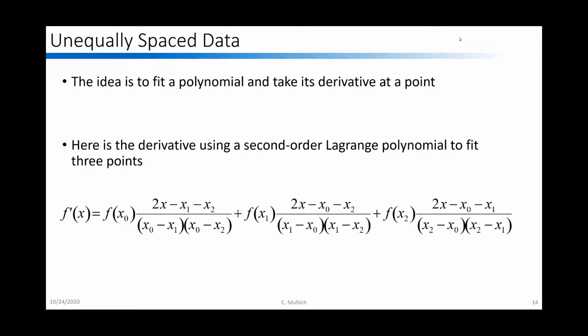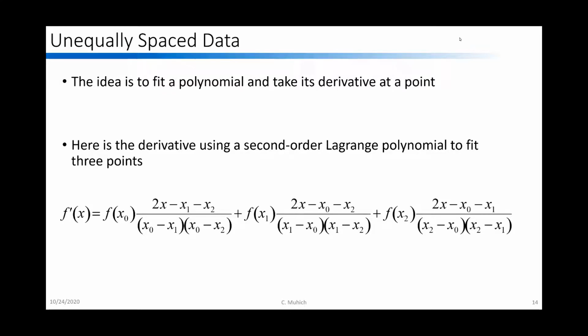Here, it's useful to use Lagrangian polynomials to fit the data. Remember, we can use Lagrangian polynomials when we have unequally spaced data, while our finite difference formulas using Newtonian interpolation worked best with more evenly spaced and nicely curated data.